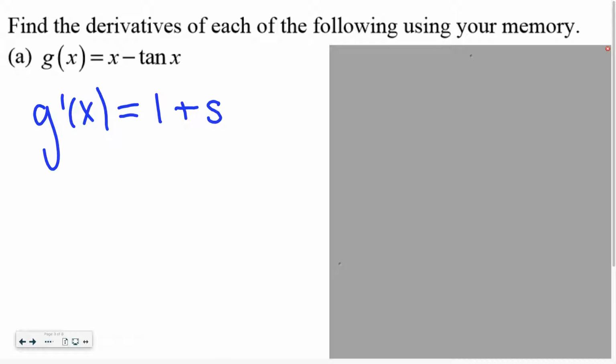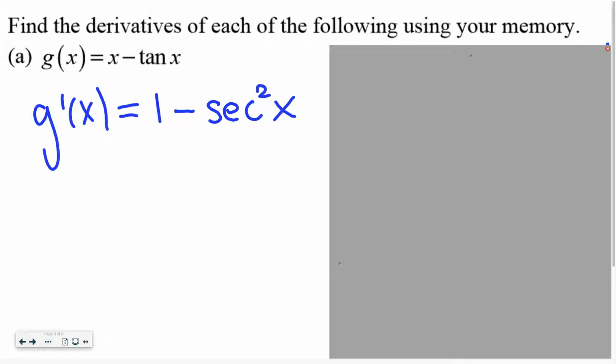Okay, derivative of x is 1. The derivative of minus tangent of x would be minus secant squared of x. We good with that? Yeah.